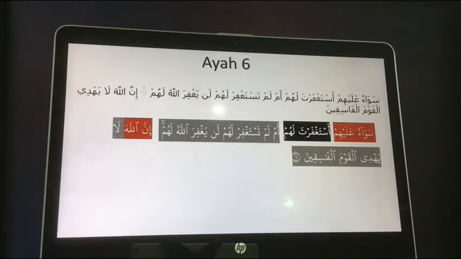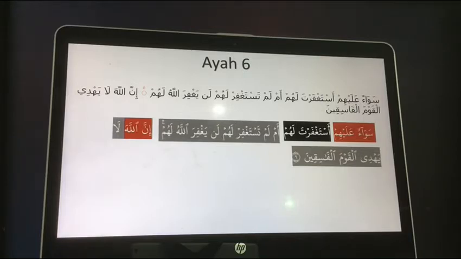It's not the word did, but always been like afala, afala tatadabbarul Quran. Did you not see the Quran? Or did you not ponder upon the Quran? So here it is making a question. There is istaghfar, but the alif is gone, so it merged with the hamza, so we just say astaghfarta. So that's why it doesn't sound like our usual one, because it changes.